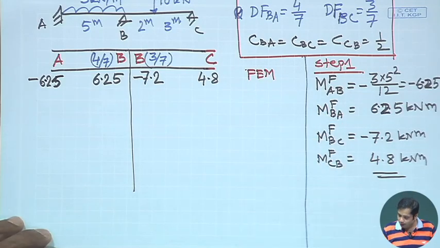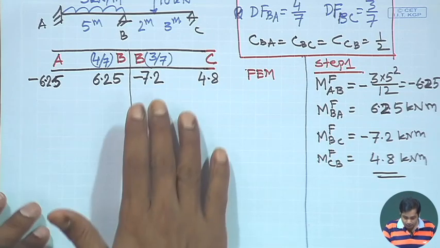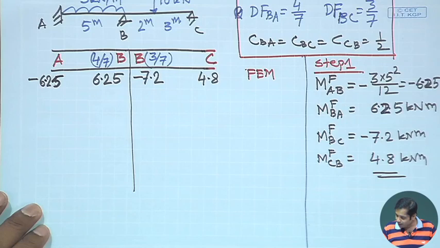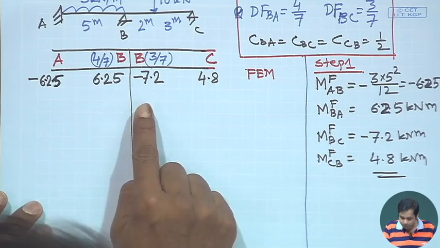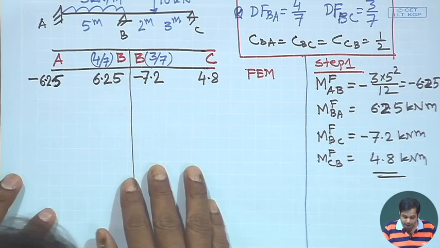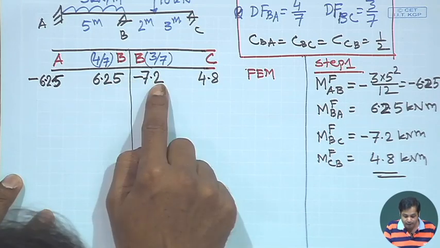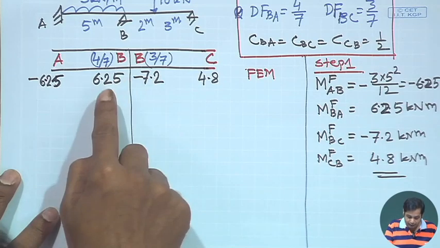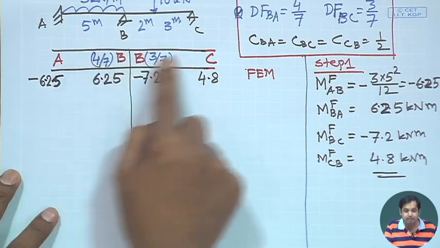Next step is we need to see what the unbalanced moment is here. The unbalanced moment, as we saw in the previous example, is 0.95, and that needs to be distributed in this and this as per this factor.